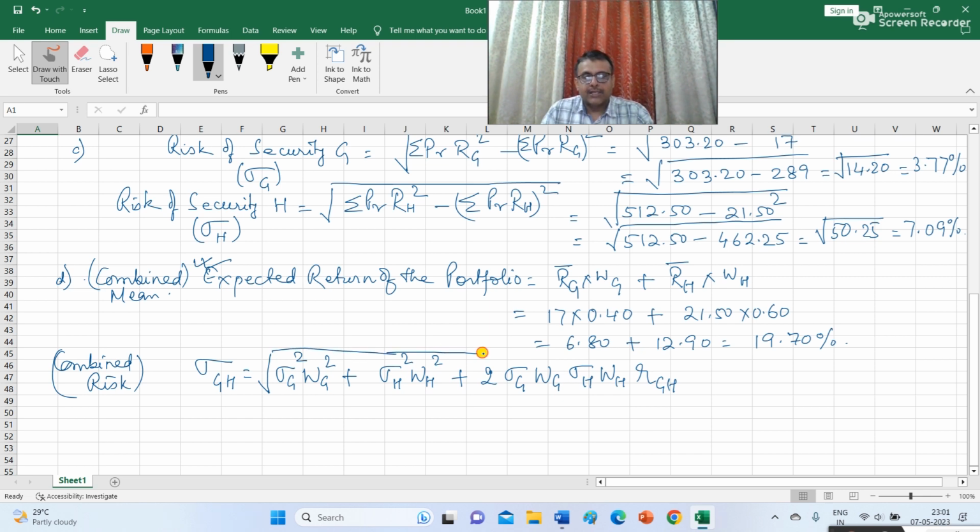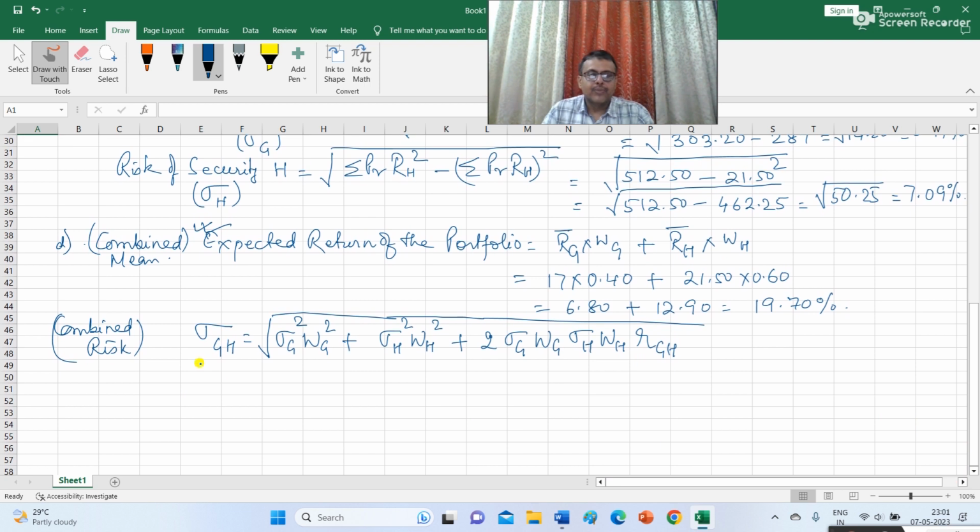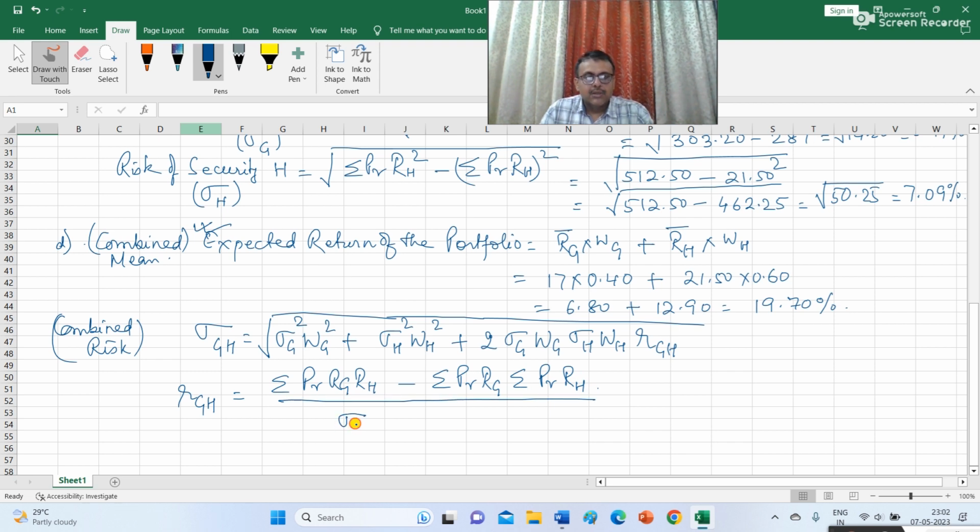You know all the factors here except the correlation coefficient RGH. So we first calculate the correlation coefficient RGH, which is equal to summation PR multiplied with RG RH minus PR RG multiplied with PR RH, divided by sigma G and sigma H.